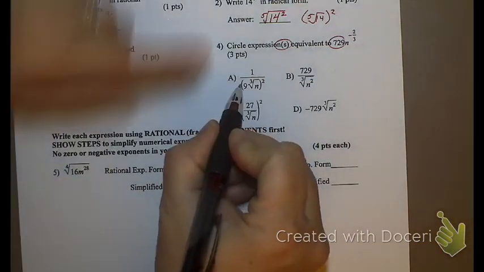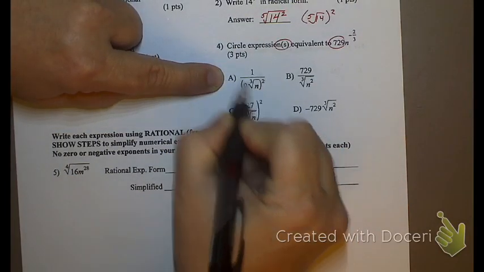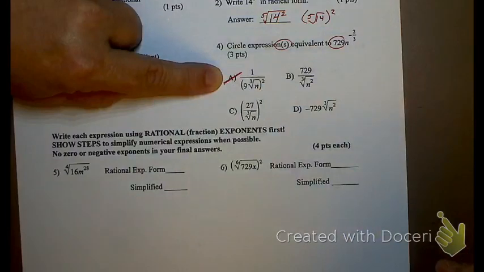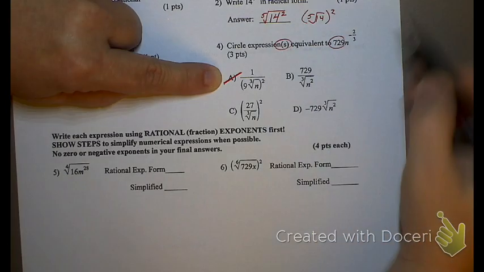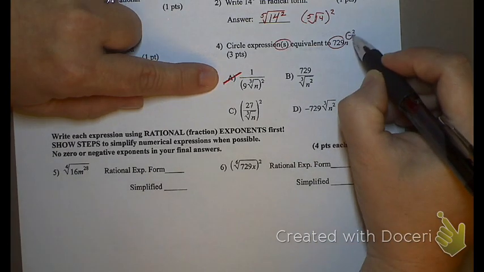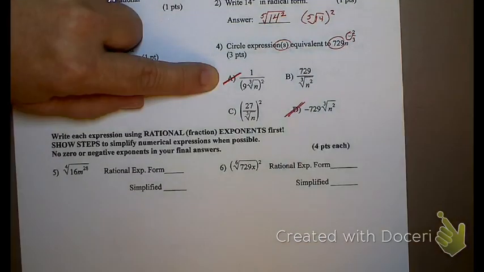This one, I don't even see the 729, but I do see 9 squared. That's on the bottom of the fraction though, isn't it? And this is going to stay on the top of the fraction. Yeah? Okay. I also see that because this is negative, there has to be a fraction, which eliminates that possibility.